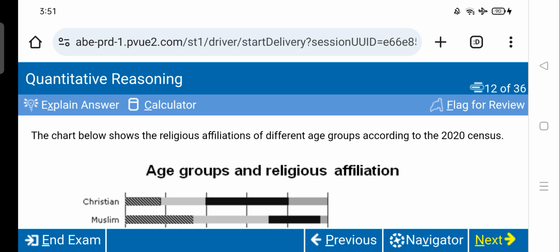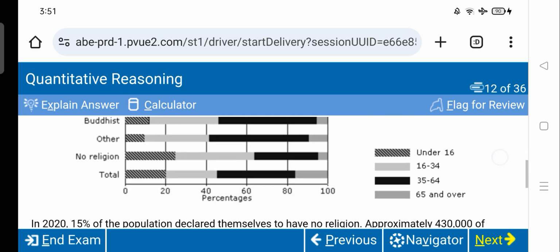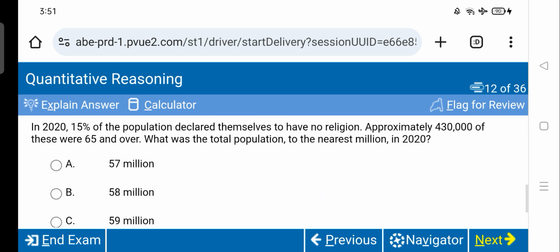Next we have the same statement with the same chart. The question is: in 2020, 15% of the population declared themselves to have no religion. Approximately 430,000 of these were 65 and over.